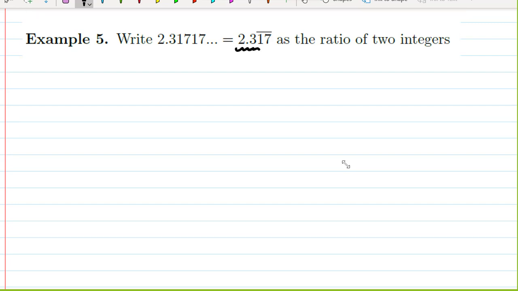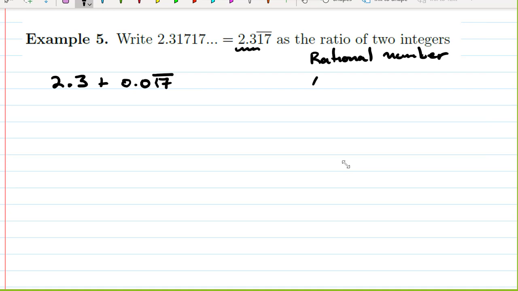So the non-repeating part of this is 2.3 plus the repeating part, which is going to be 0.017 repeating. And we want to write this as the ratio of two integers, or as a rational number, also known as a fraction.